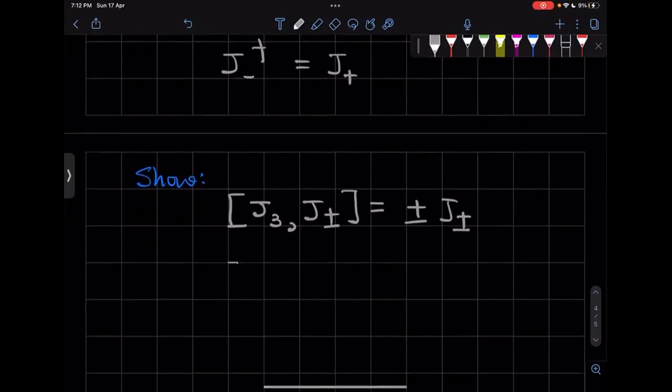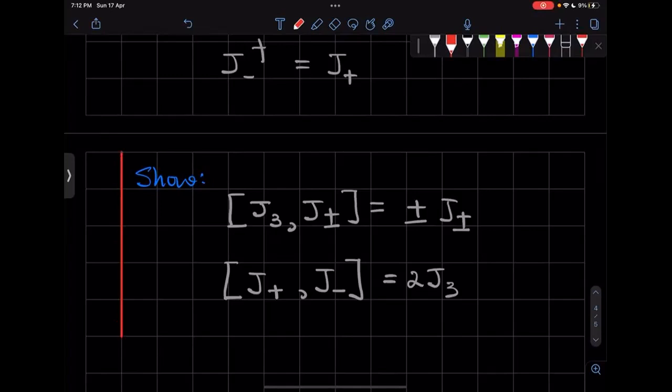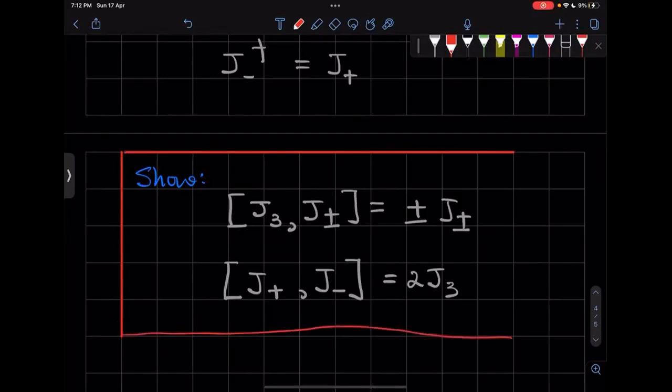And the other one is the commutator of J plus and J minus is 2 times J3. Okay. So you should be able to show this very easily.